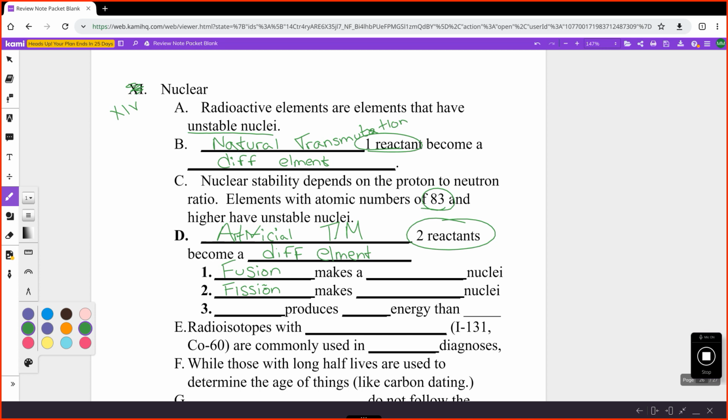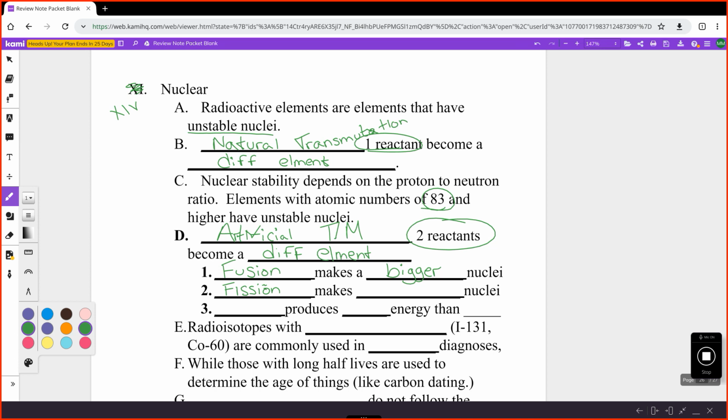Fusion is when the two particles collide and make something bigger. So if hydrogen and hydrogen smash into each other and combine to make helium, that would be called fusion. It's a bigger atom. It's got more protons. It's got more neutrons.